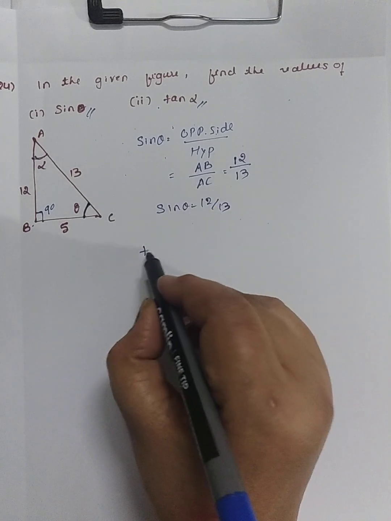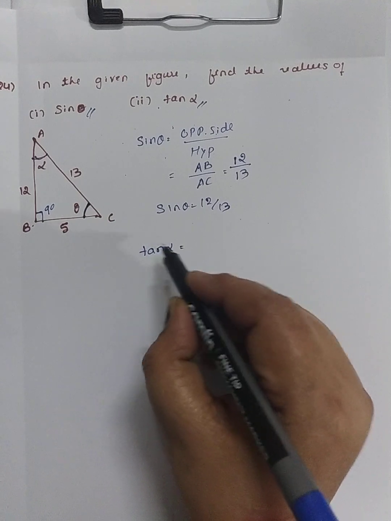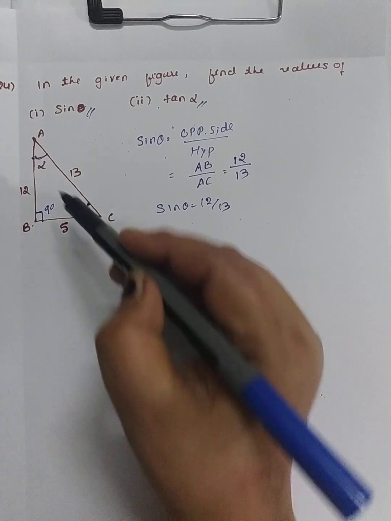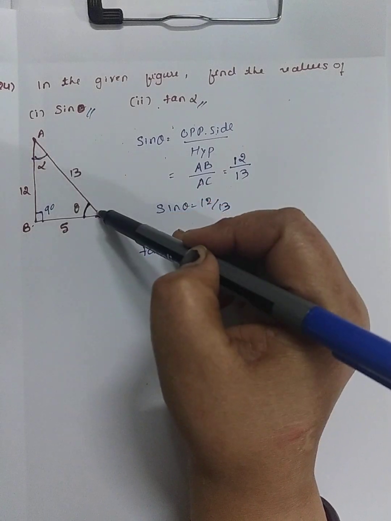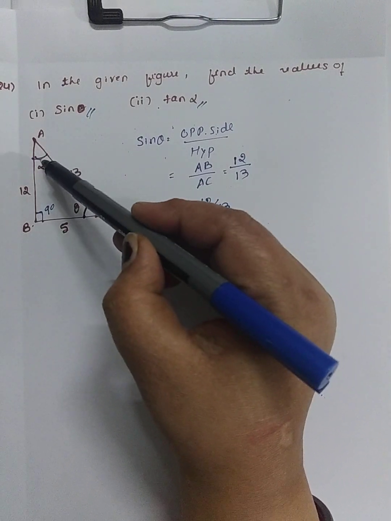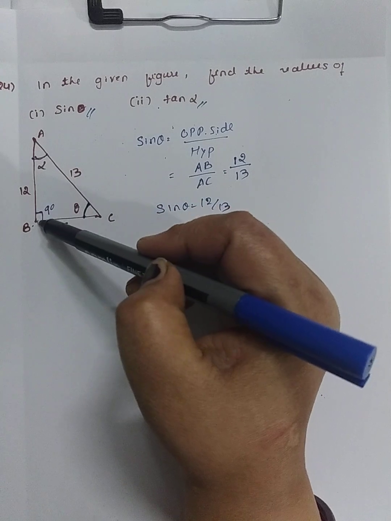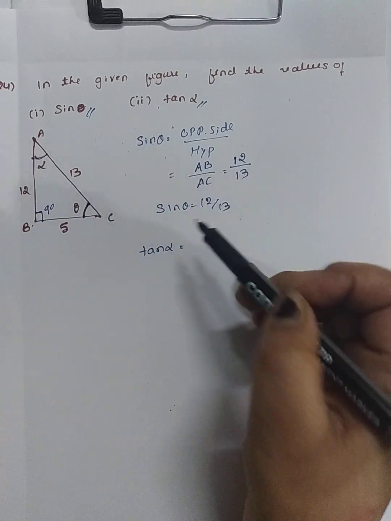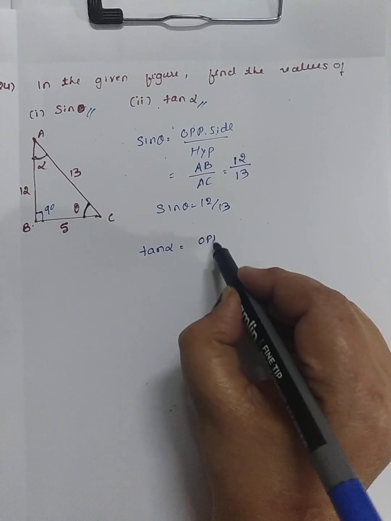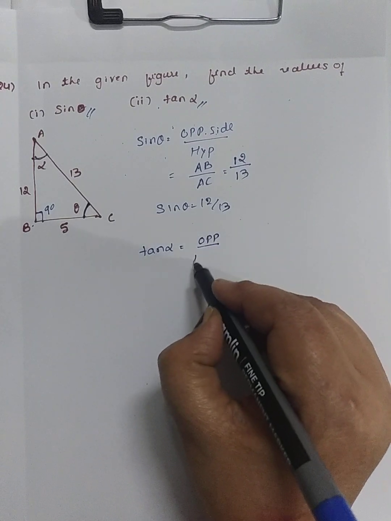Next is tan alpha. For the tan ratio, for angle alpha, the hypotenuse will remain the same, that is AC. But for alpha, AB becomes adjacent and BC becomes opposite side. Tan alpha ratio is opposite side by adjacent side.